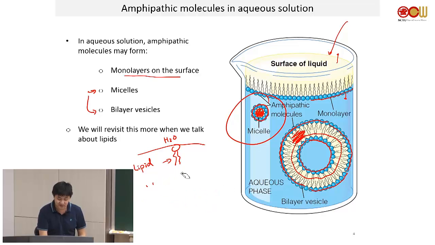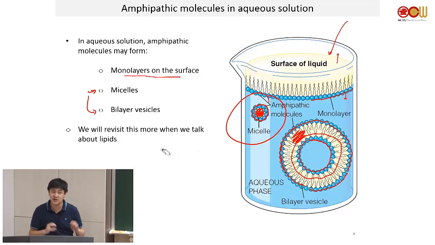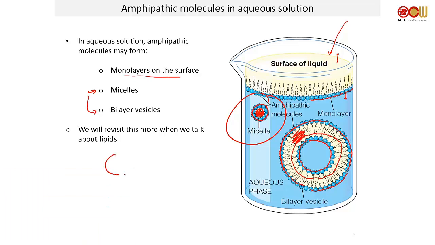So actually, it turns out, it would have to do with the shape of the molecule, right? So for micelles, typically you have a big head and one tail. So if you look at the geometry, it's going to look more or less like a cone, right?